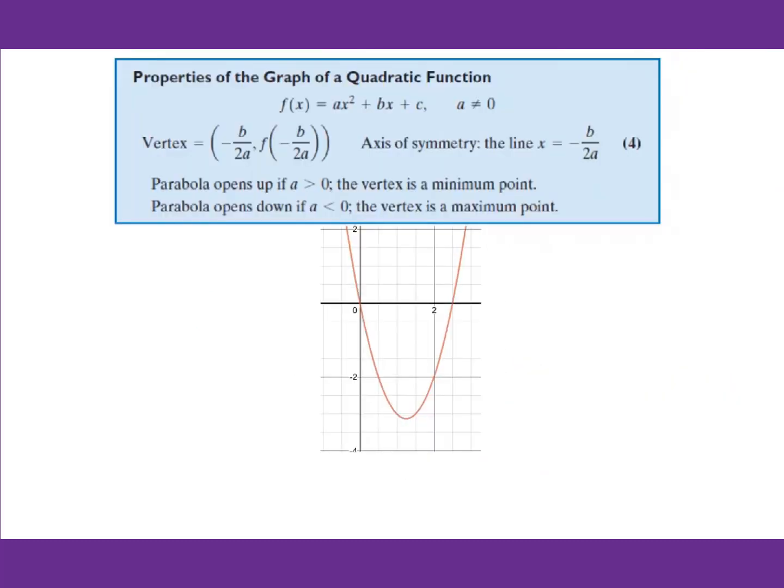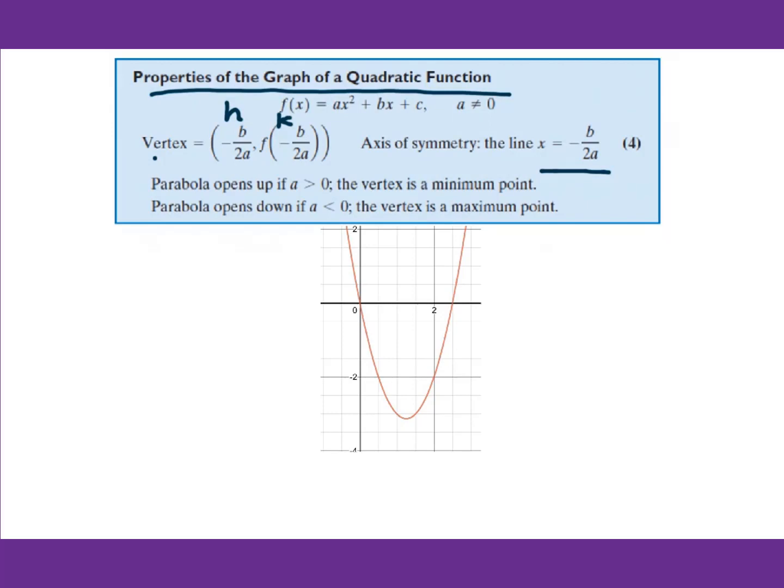Let's talk about properties of the graph of a quadratic function. The vertex, that's h, equals negative b over 2a. The k equals f of h. Axis of symmetry, the line will be a vertical line, x equals negative b over 2a.